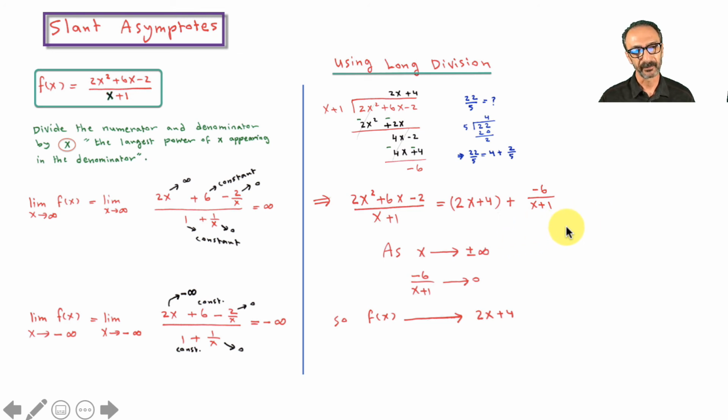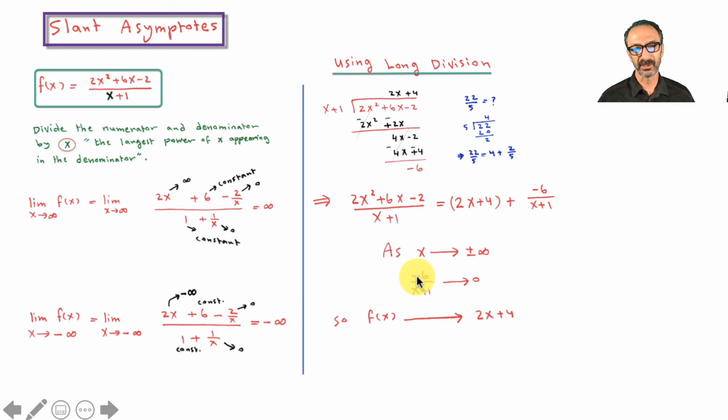Take a look. As x approaches either positive or negative infinity, as we are discussing right here and right here, this fraction, which came from the remainder concept, will go to 0. The denominator is going to grow, so the whole thing is going to go to 0.